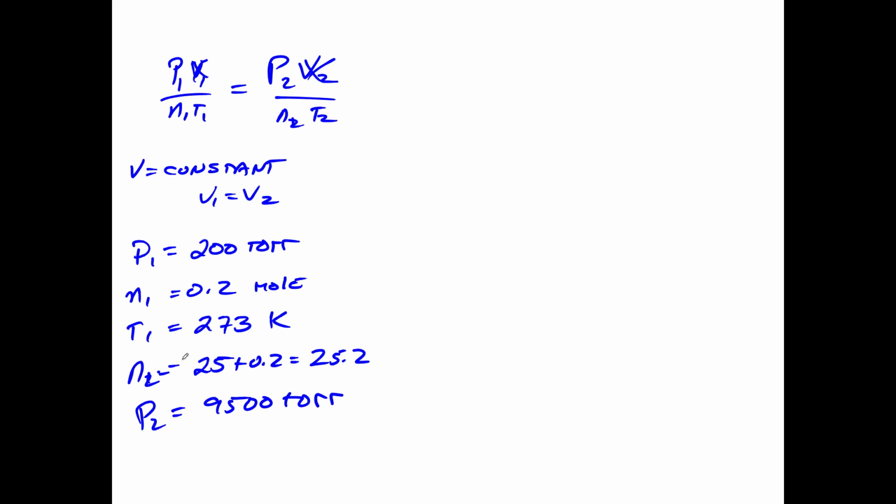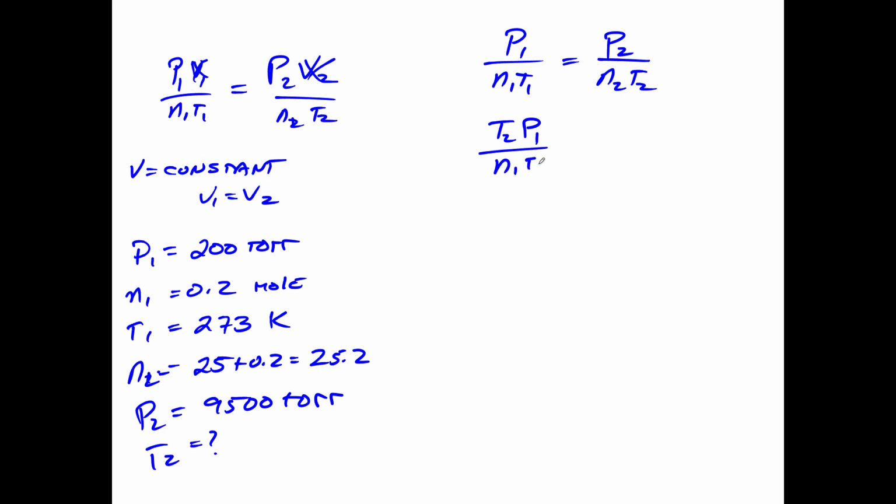I want T2. So T2 is what I'm missing. So come to this equation, P1 over n1 T1 is equal to P2 over n2 T2. I want T2, so let's multiply both sides by T2, get it over to the top. Now I want to divide both sides by P1 and then multiply by n1 T1.